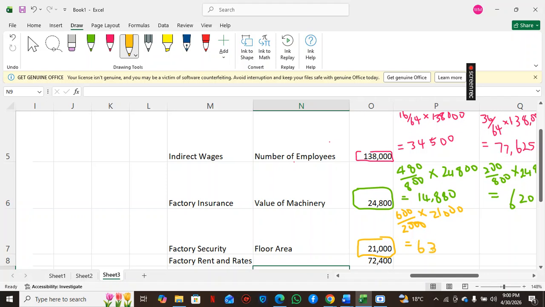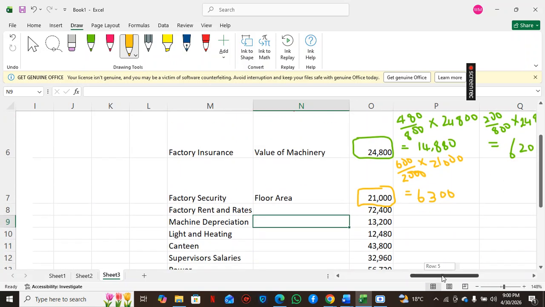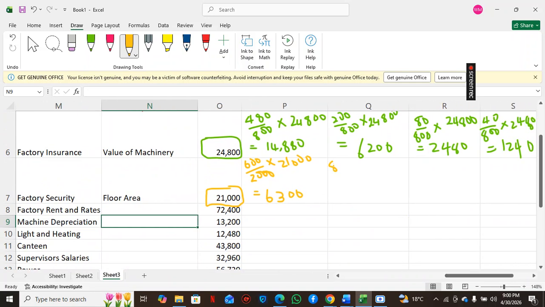Assembly, you're going to say 800 over 2000. 84.